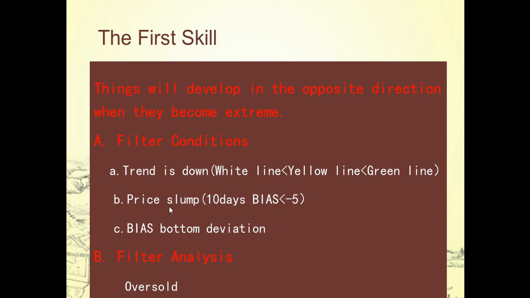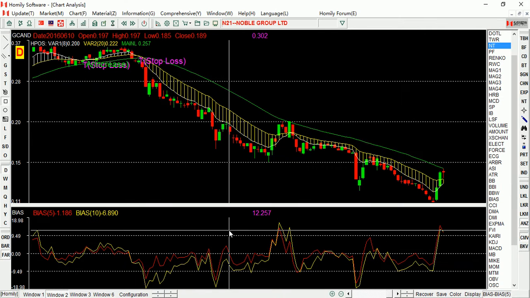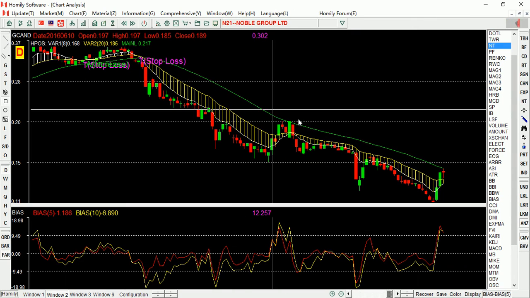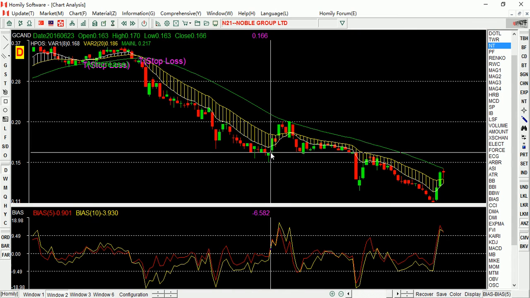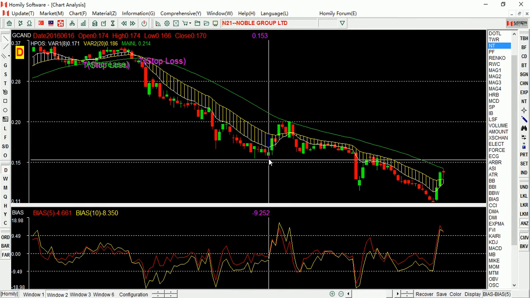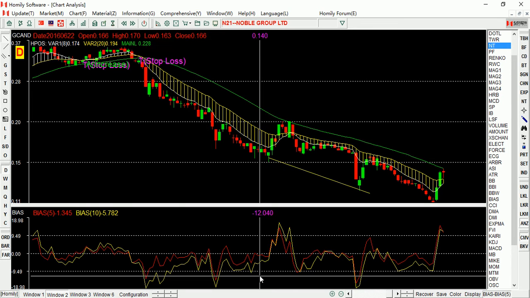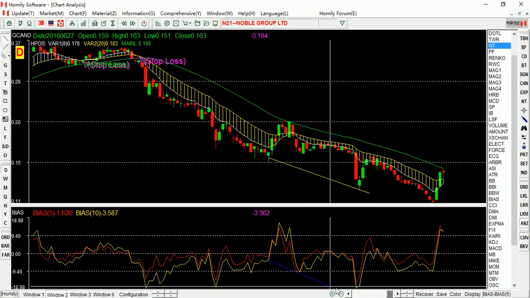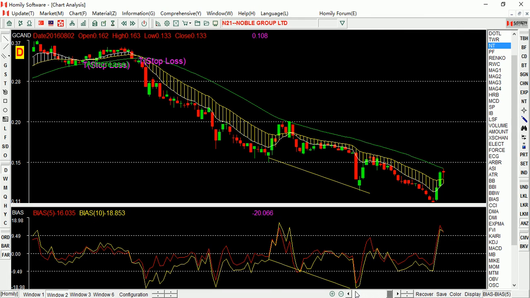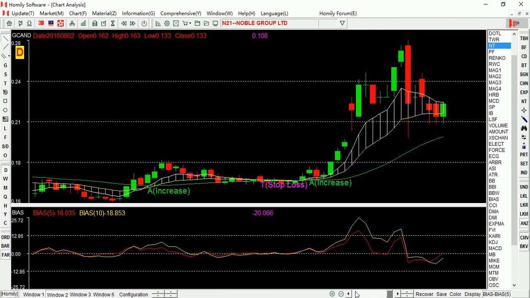Okay, what's the condition? The price drop, BIAS bottom deviation. How to judge the BIAS bottom deviation? The price drop, and we can see here. This is the low point, lower low, and the low point still lower low. Have deviation or not? No, this is not deviation. Then we can see where is the deviation.